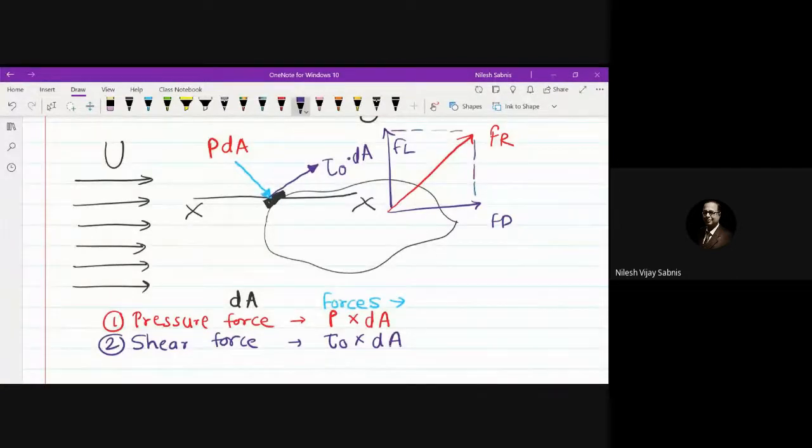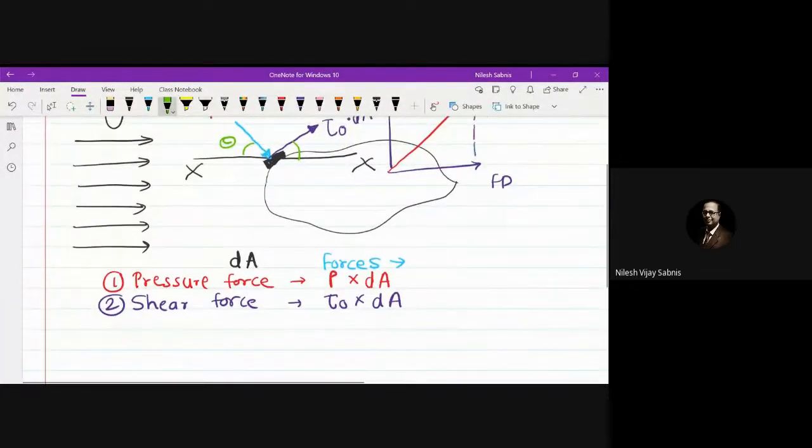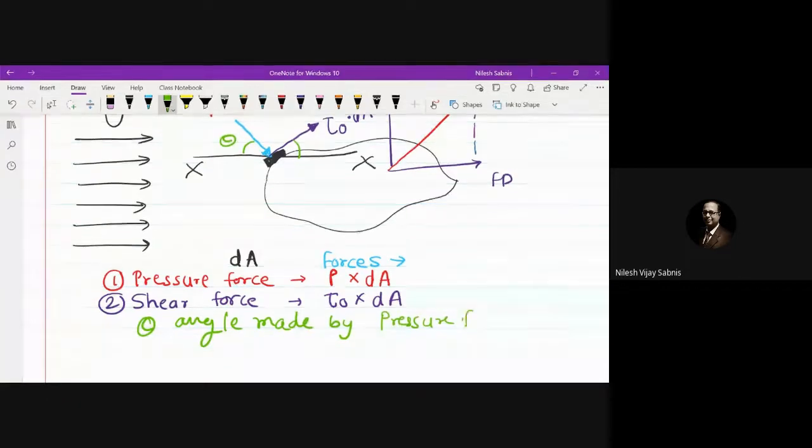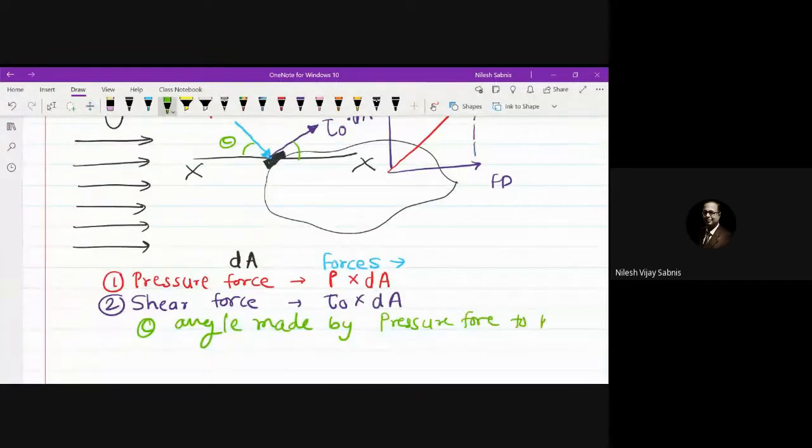Then consider this angle theta, the angle made by the pressure force with the horizontal direction.